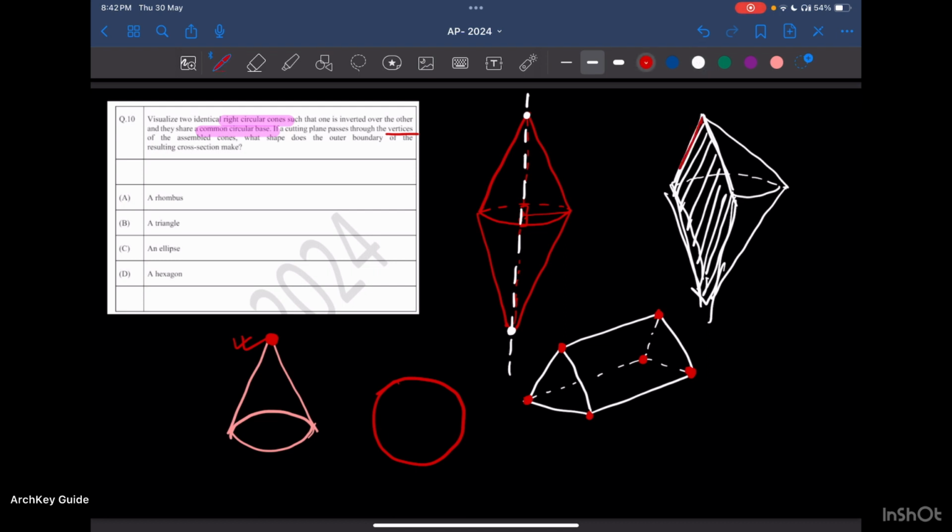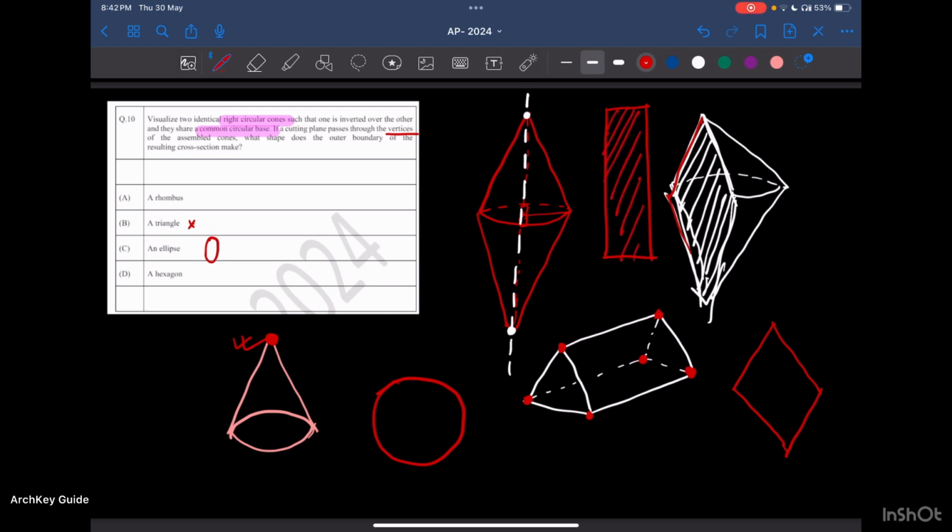I have not drawn the diagram properly, but in 2D it's going to be like this. So let's see the options. A rhombus, a triangle, not a triangle for sure, an ellipse. An ellipse looks something like this. This is not like that because the section plane slices through. A hexagon. So no, the answer is a rhombus.